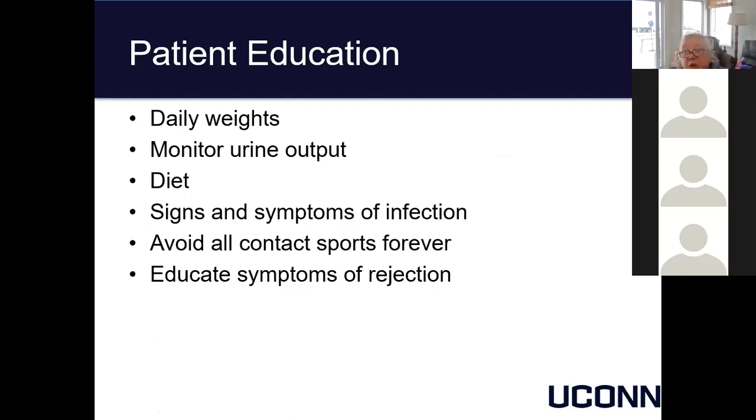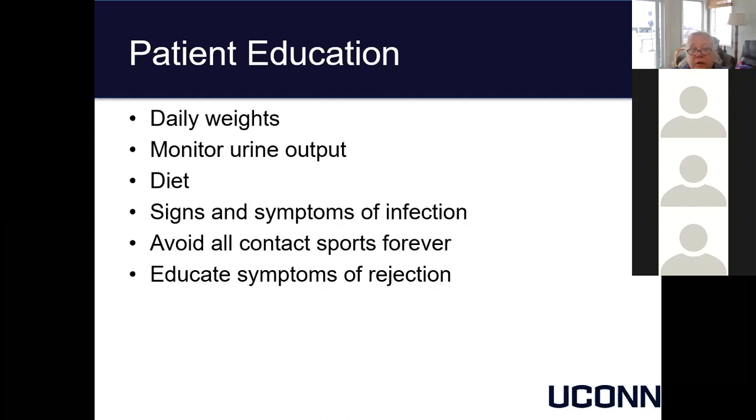Patients should continue with daily weights. They should keep track of their urine output. They need to eat a healthy diet, and that's whether it's maintaining their blood sugars on a stable level if they're diabetic, watching their blood pressure over time and following a diet that is blood pressure friendly, if you will.